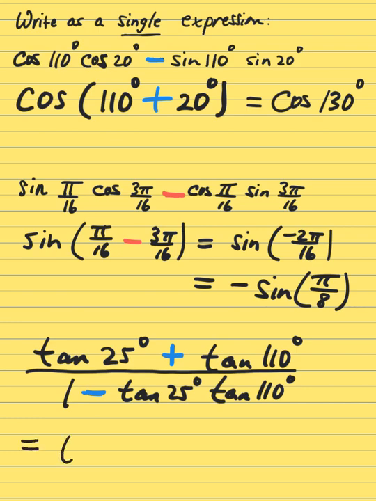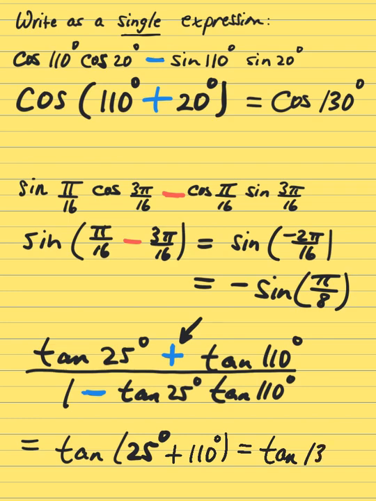you should find tangent, and you go by the one on top. So if a plus sign's on top, you're going to add these two angles. Well, what's 25 plus 110? Yep, tangent of 135 degrees.